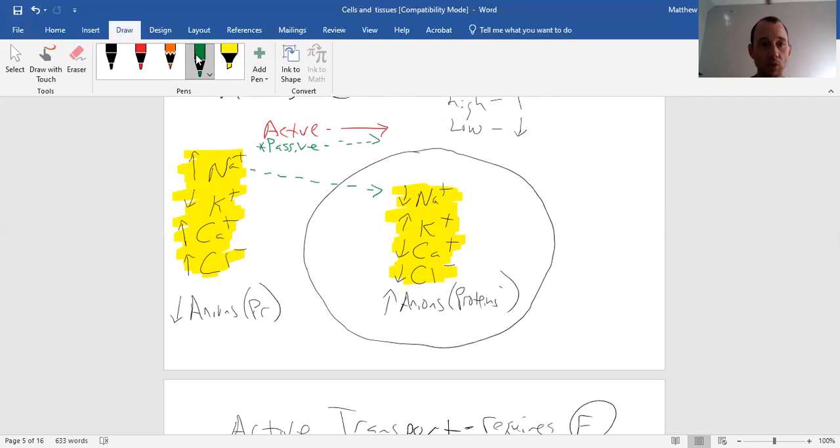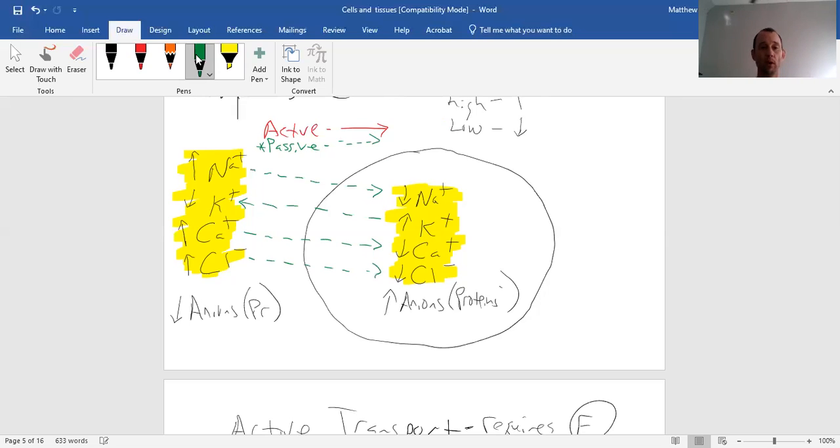They would end up being equal inside and outside your cell. If we take potassium, potassium will passively leak this direction. And if we allow that to happen, they would equilibrate. There would be an equal amount here and there. Calcium passively leaks this direction. Chloride also passively leaks that direction.